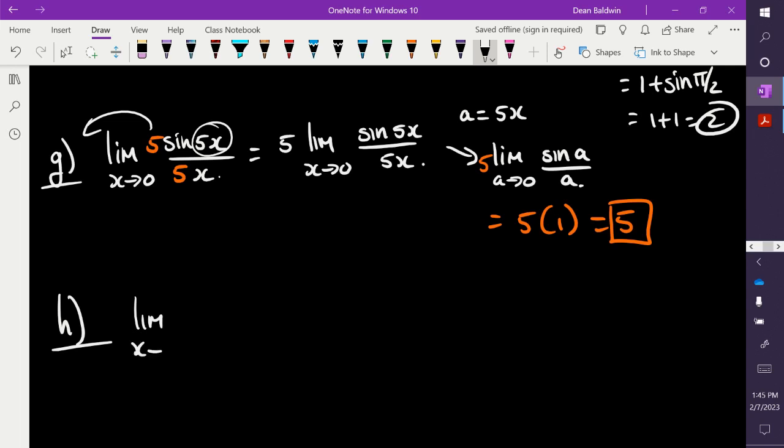Limit as x goes to pi over 4 of (1 minus tan x) over (sine x minus cos x).